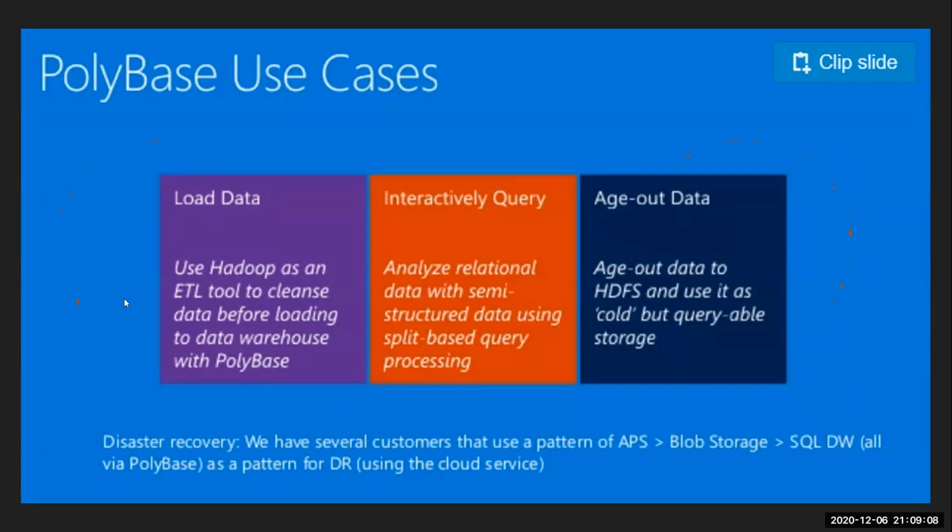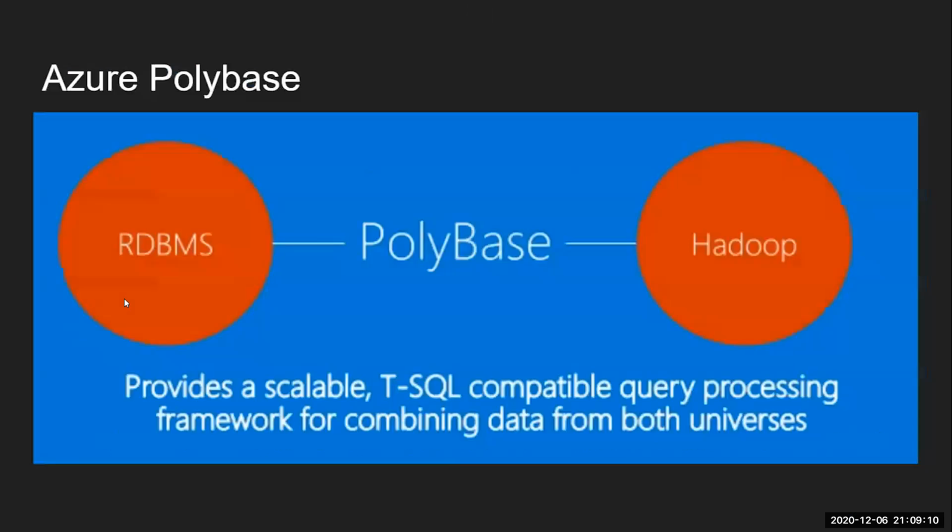So first, let's see what Azure Polybase is. In this picture, on one side you have relational data, and on the other side you have non-relational data. The relational data is represented by RDBMS, relational databases, and Hadoop, which of course can store relational data, but can also store non-relational data.